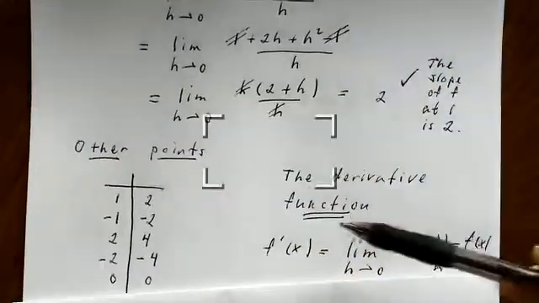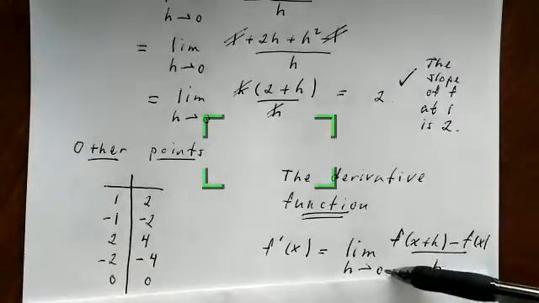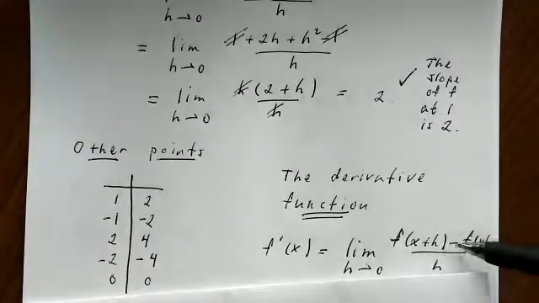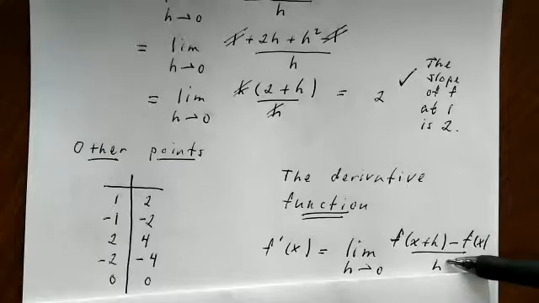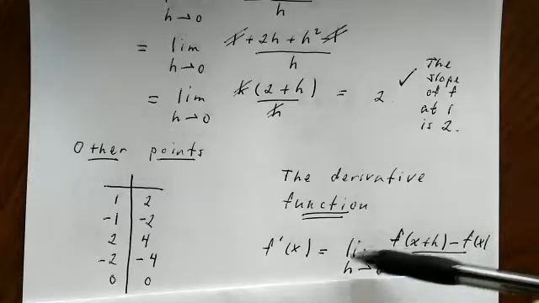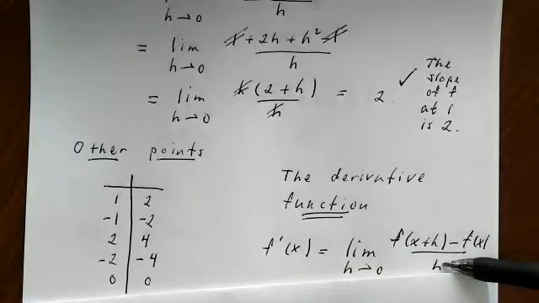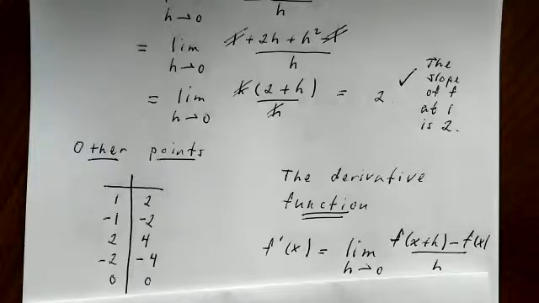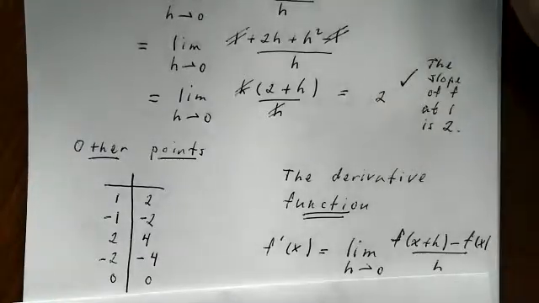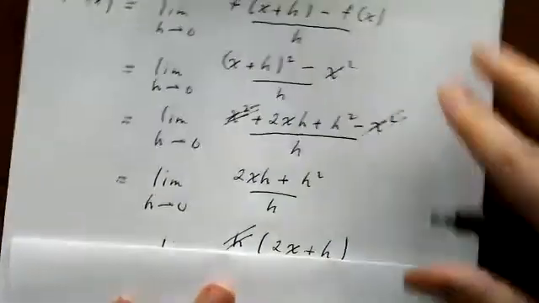So we have the f prime of x is the limit as h goes to 0, f of x plus h minus f of x divided by h. Again, the only difference now is that we have a variable x instead of a particular number. Now let's see if we can find the formula for the derivative function in this particular case.